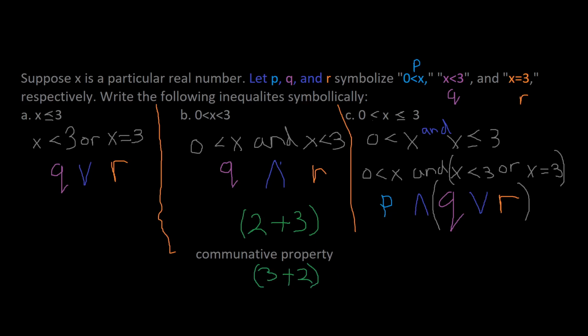And so we could do the same thing right here. And we could change the Q or the R. So it would be read like this, my bad. Q or R and P. So it just means the same thing, right?